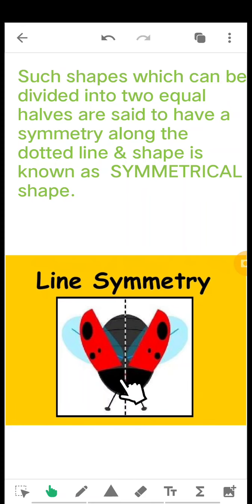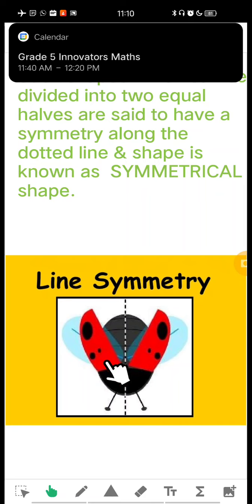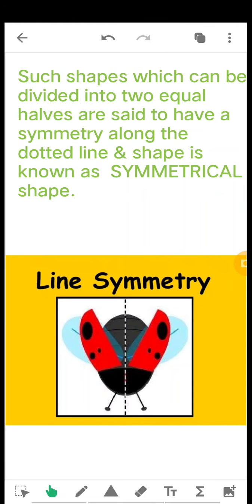This line is known as the dotted line, and this line divides the shape into two equal halves. So, this shape is known as a symmetrical shape, and the line which divides the shape into two equal halves is called the line of symmetry.